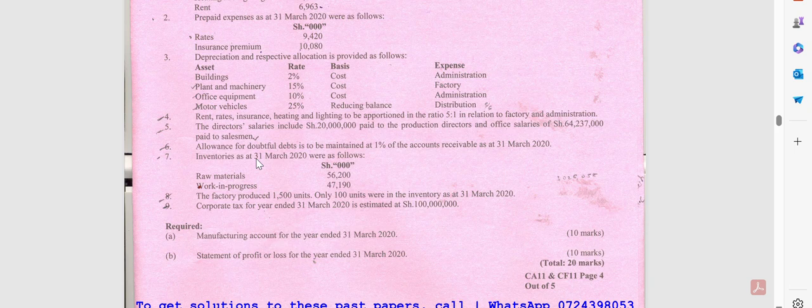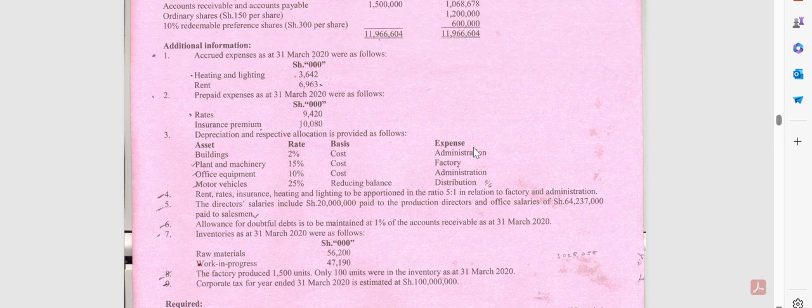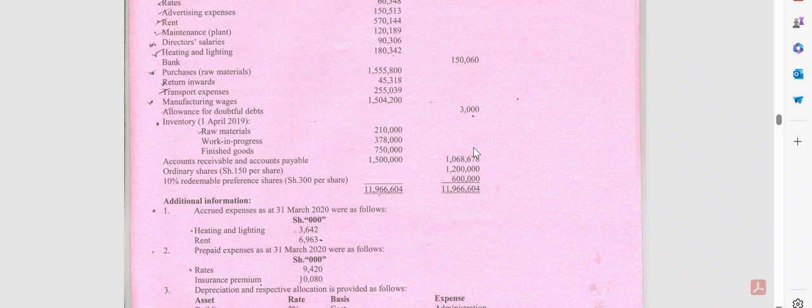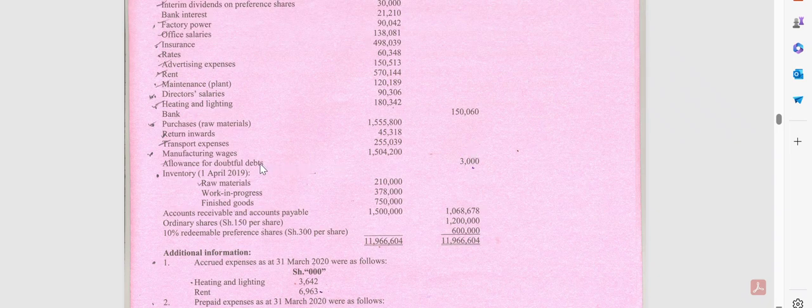So the second one, the other one, is allowance for doubtful debt is to be maintained at 1% of the account receivables as at. Remember when you are discussing allowance for doubtful debts, you need to know whether it is for the year or as at. So this one is maintained at the end of the year. If you go to the trial balance, you check for allowance for doubtful debts at the beginning of the year.